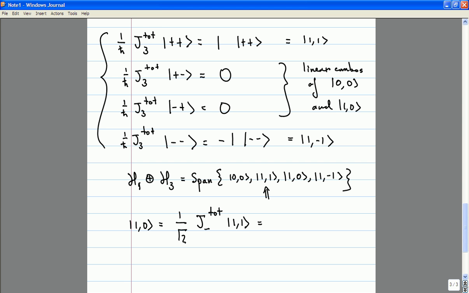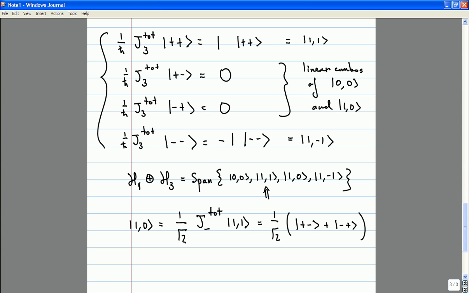And what is that? Well, that's 1 over root 2 times the lowering operator acting on the plus plus state, which is the sum of plus minus and minus plus. Because angular momentum just adds between the two systems. So J minus acting on the state plus plus is the sum of two things: J minus acting on the first spin and doing nothing on the second spin, plus J minus acting on the second spin and doing nothing on the first spin.